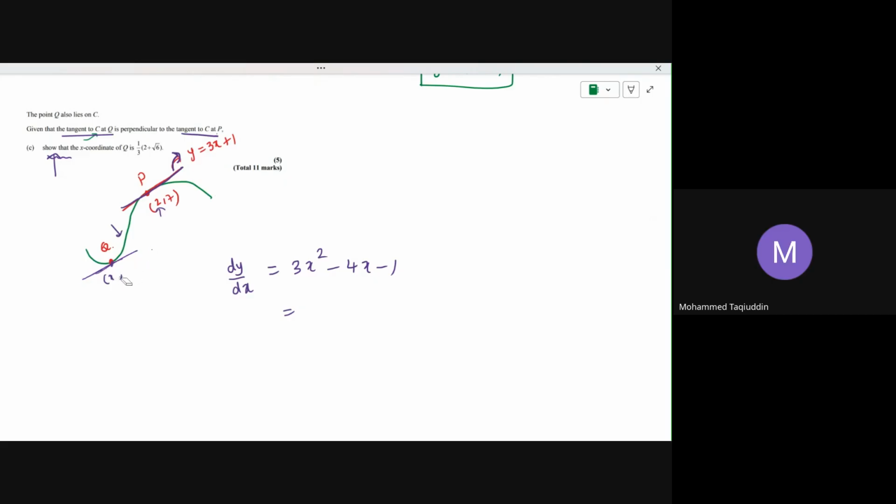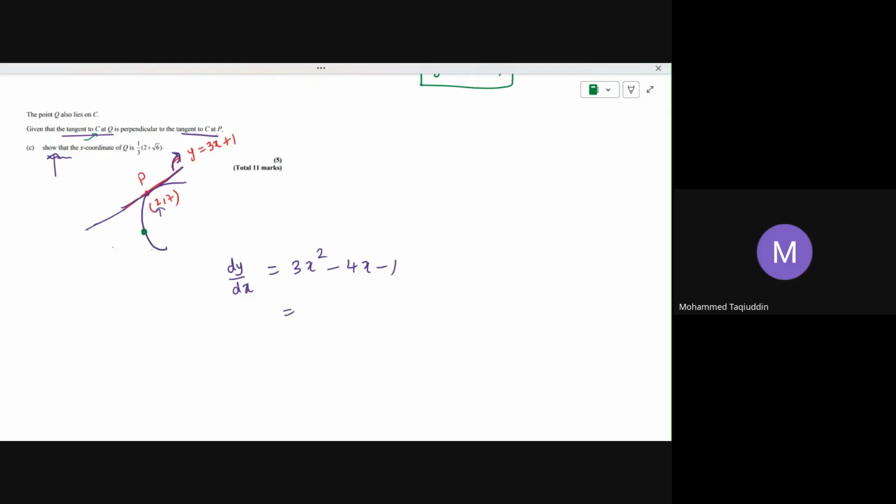So how does it look? Maybe it looks something like this. Suppose you consider a tangent like this. Wait, hold on. If you just twist this, if you draw in this way, or suppose I have another point Q here.